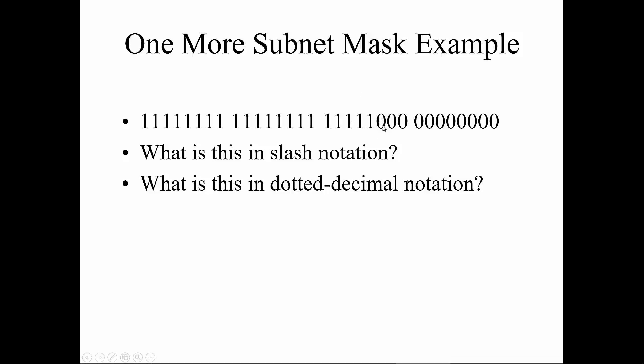We do not add the 4, we do not add the 2, we don't add the 1, so this should be 248. So 255.255.248.0. With this, it's practice, practice, practice, practice.